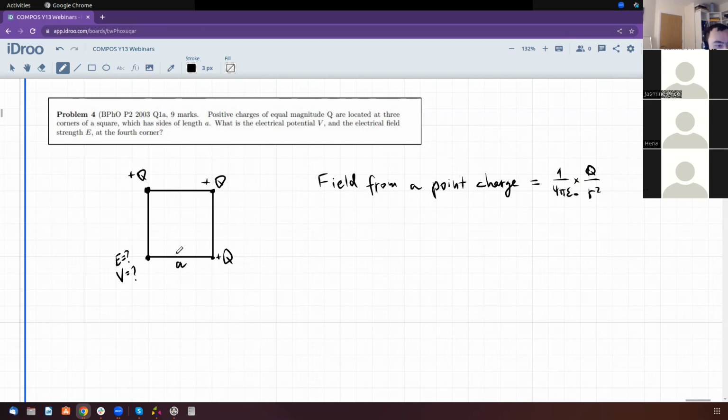Okay, so at this point we have 3 fields. So let's label this point A. So at A, there are 3 fields. One's going like this, one's going like this, and another one's going like this. Please tell me where I made a mistake in this diagram.